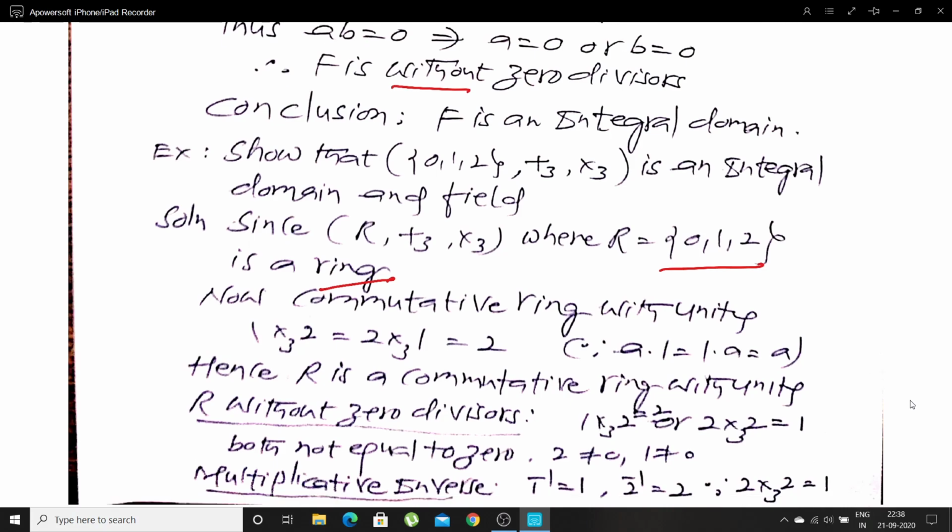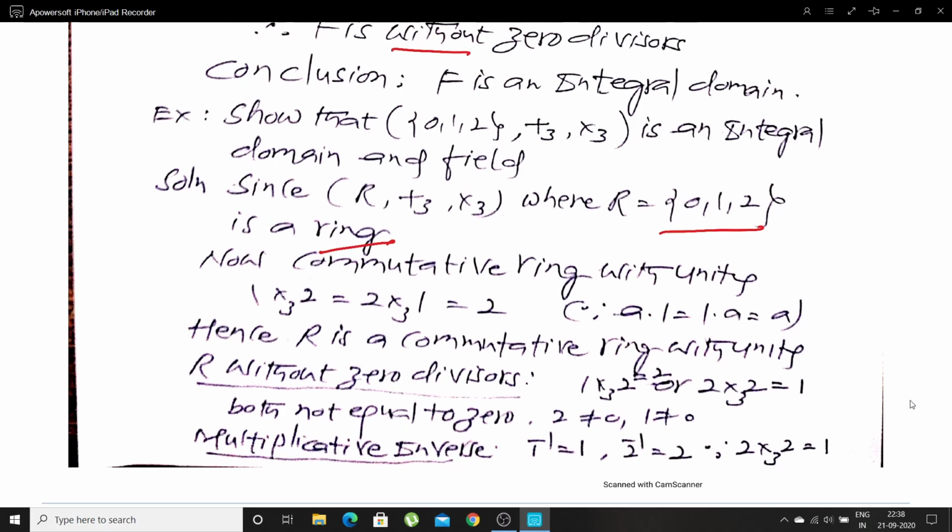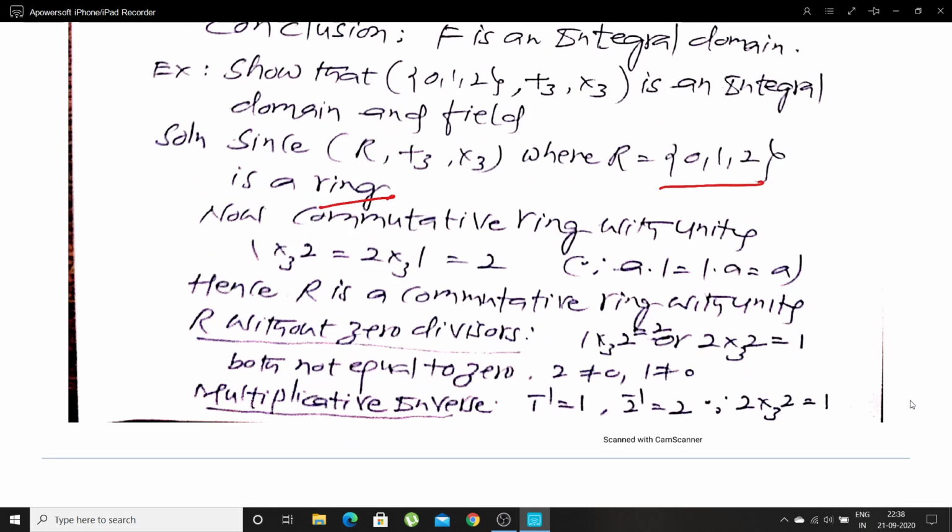1 dot 2 under multiplication mod 3 is the same as writing 2 dot 1 under multiplication mod 3, which is equal to 2.